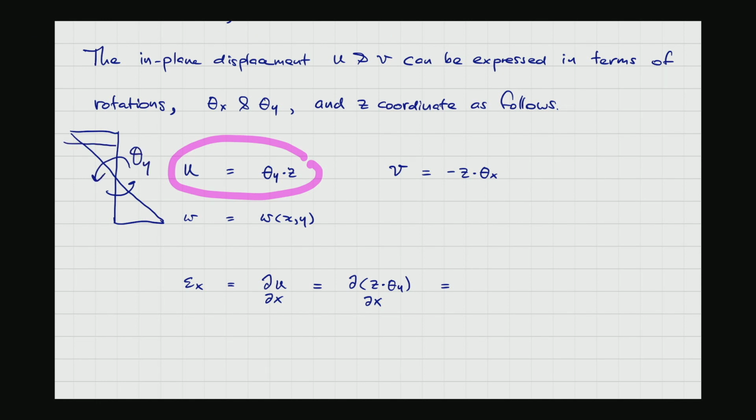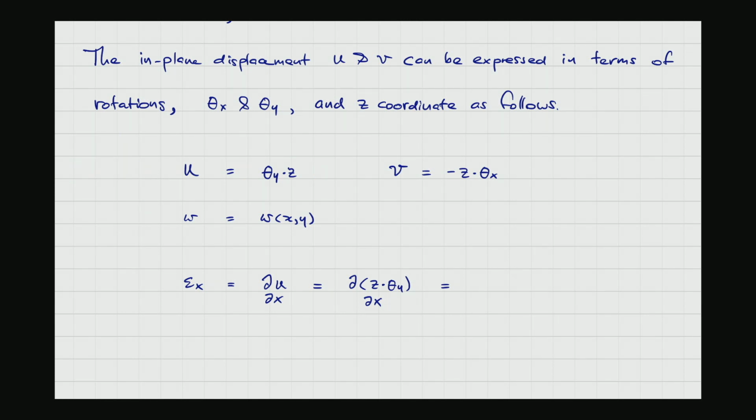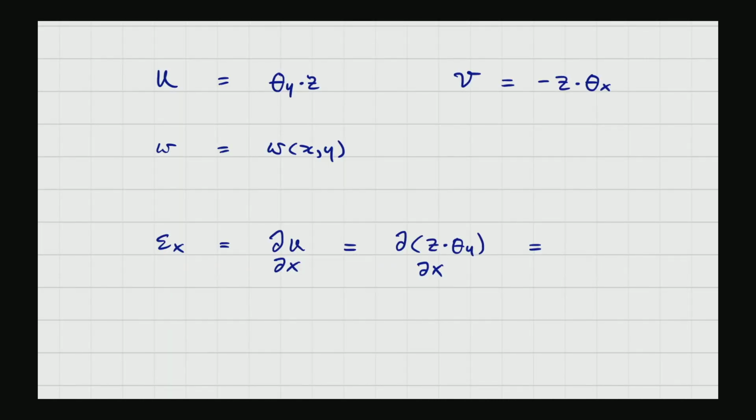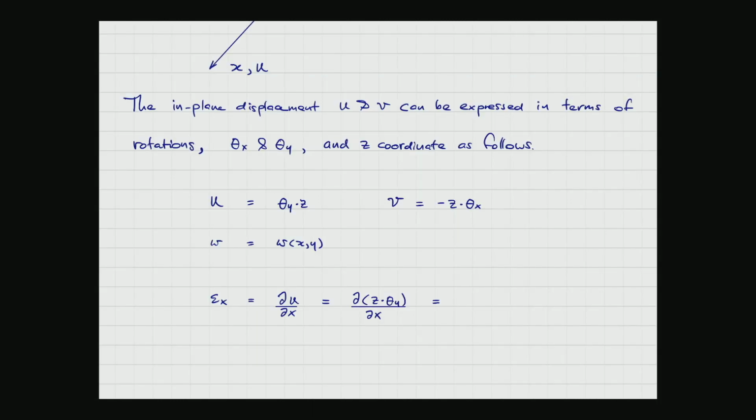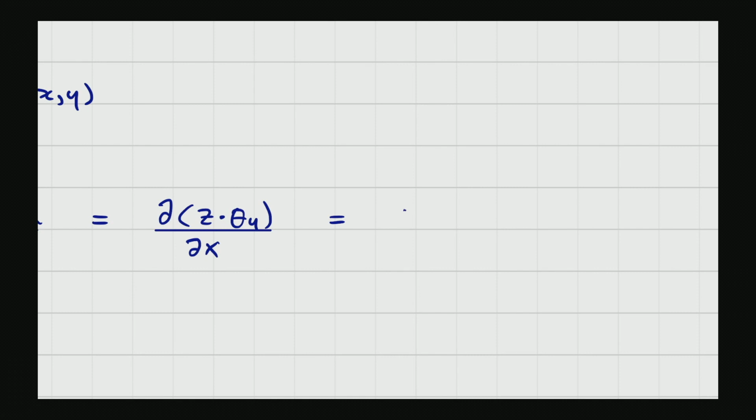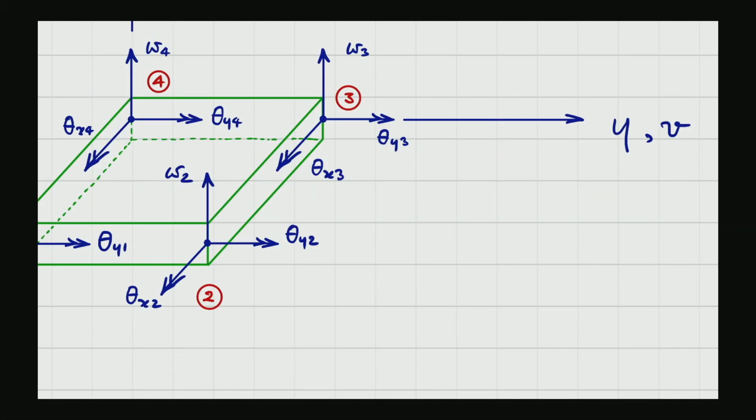So at any z value, you have the corresponding u value calculated at that given point. So now z has nothing to do with the x. We can take the z outside, and then we just leave the partial derivative of theta y with respect to x out there.